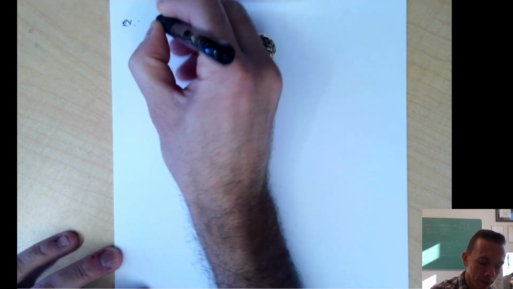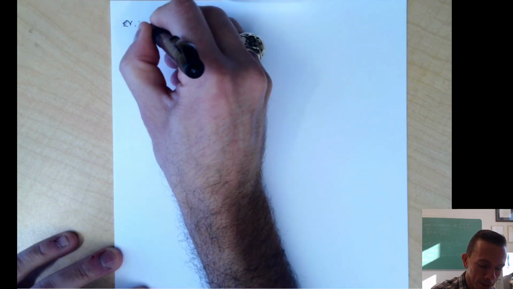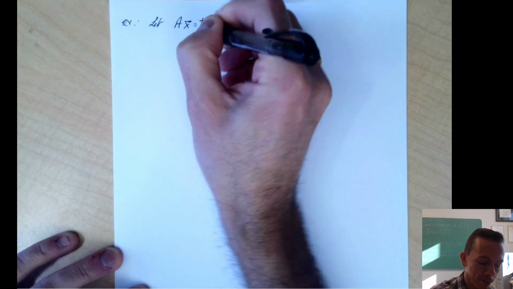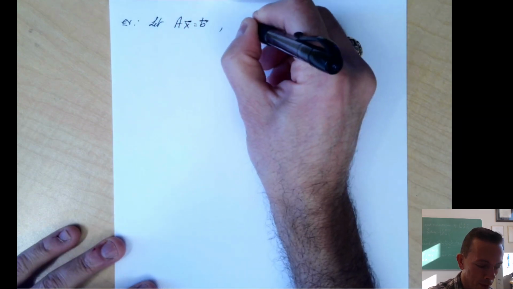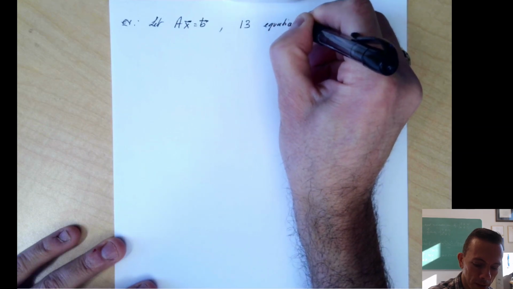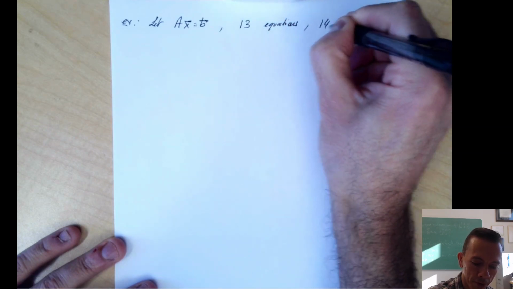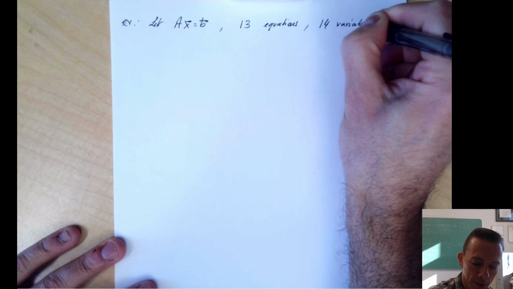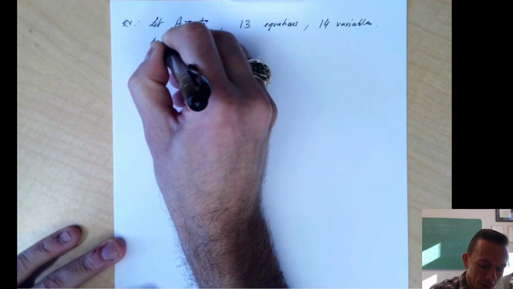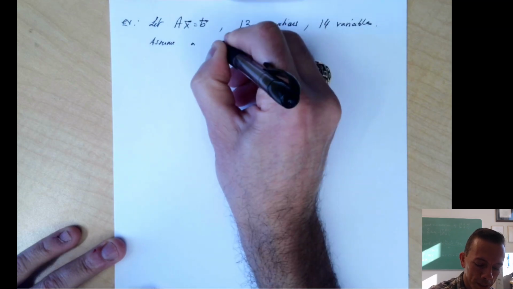So, for example, let's consider a linear system AX equals B, where you have 13 equations and 14 variables. And let's assume that a solution always exists.